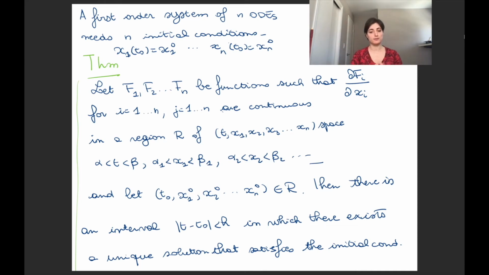So looking at the previous ODE, if we have f1, f2, and fn functions such that all their cross derivatives with respect to xj are continuous, so we have the partial derivative of fi over the partial derivative of xj.